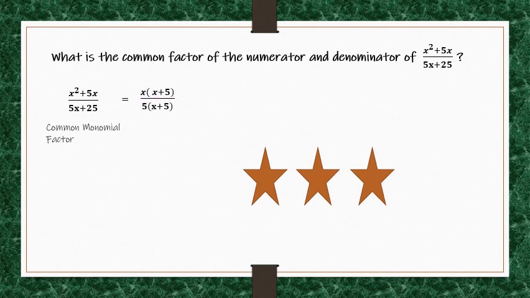The x squared plus 5x has the common monomial factor, GCF, and this is the answer for this one: x times the quantity x plus 5 over 5 times the quantity x plus 5. This one is from here. Okay, now we're going to cancel out the common factors. So the answer is x over 5. But the question is, what is the common factor of the numerator and denominator? So this is the final answer. The common factor is x plus 5.